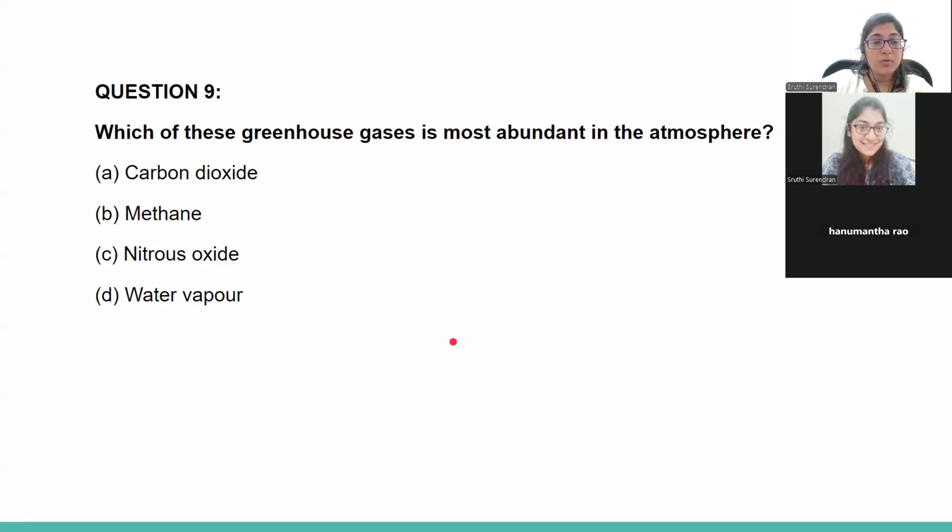So all of these four are greenhouse gases: carbon dioxide, methane, nitrous oxide, and water vapor. The most abundant greenhouse gas in the atmosphere is water vapor. More than any other greenhouse gas, the most huge amounts of water vapor are present in the atmosphere. Although this is not what is contributing to the excessive amount of heat, carbon dioxide is the one which contributes the most to the heating process.